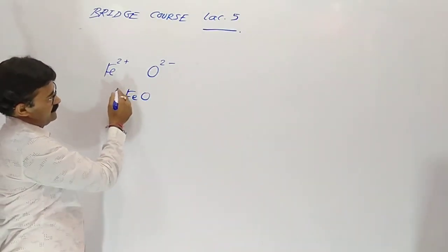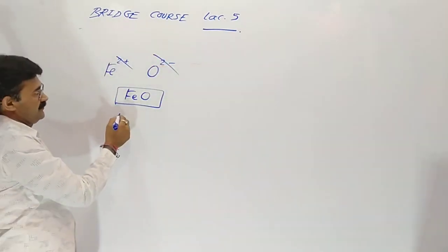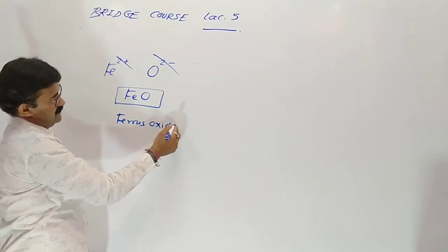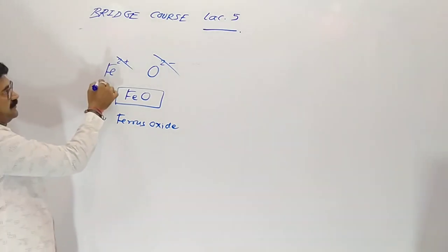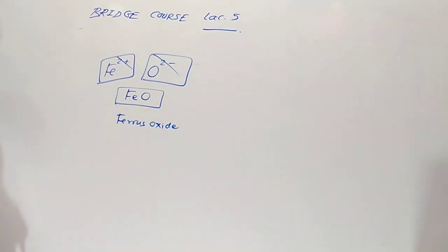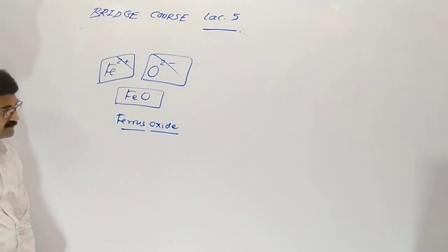Directly plus 2 and minus 2 cancel. Yes, Fe plus 2 is ferrous, O minus 2 is oxide. So the name is ferrous oxide.